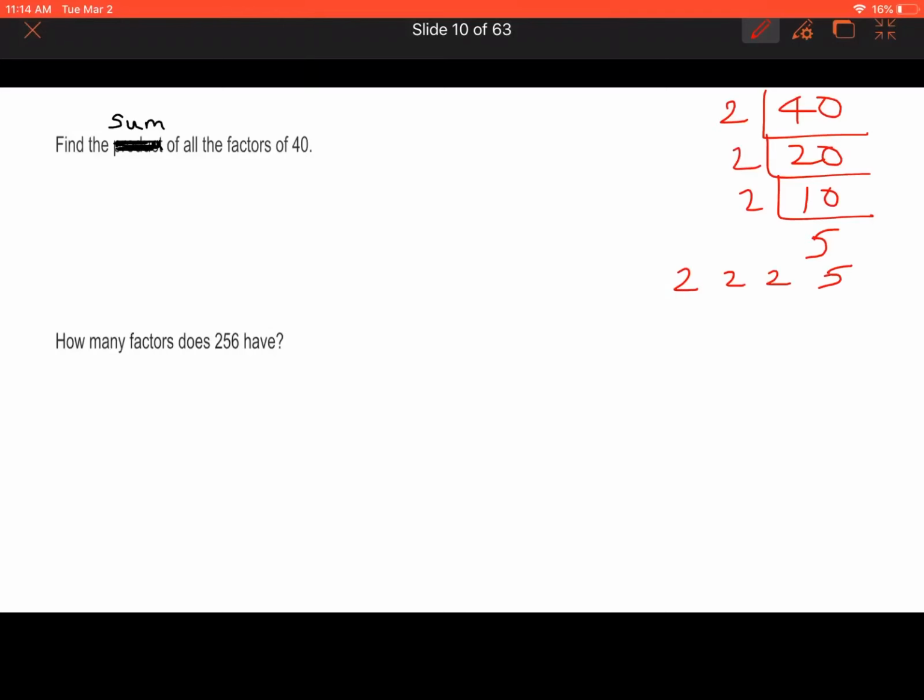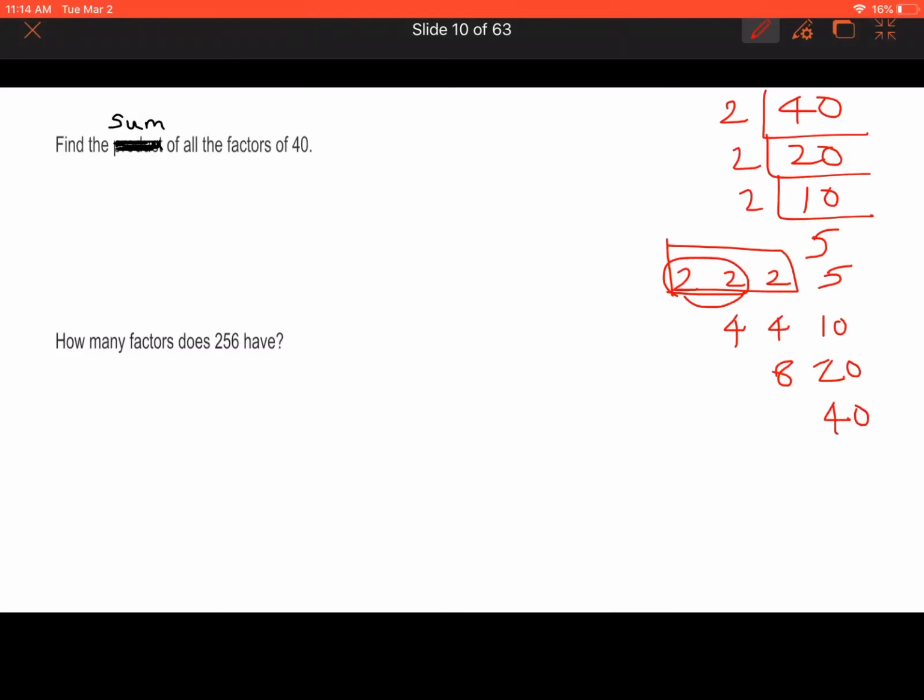Now we are going to find the factors. 2 times 2 is 4, 2 times 5 is 10. Now we will take them together. 2 times 2 is 4, 4 times 2 is 8, 4 times 5 is 20. Now we take all 3 numbers: 2 times 2 times 2 is 8, 8 times 5 is 40.